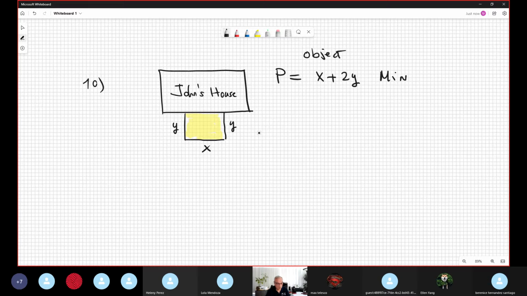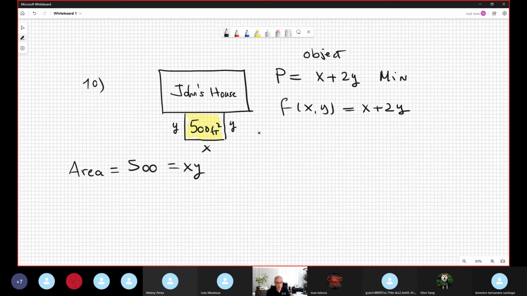Okay, in the language of the Lagrange multiplier, I call f of x comma y equal to x plus 2y. Cool? So, what is the restriction? Well, the restriction is the 500 square feet. I need to respect this restriction. The restriction is that the area is 500. And area in geometry, you know very well, is x times y.